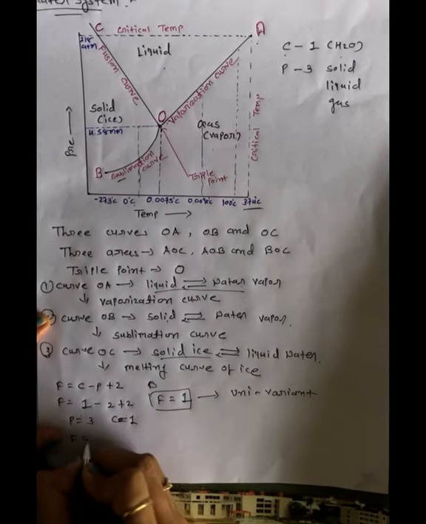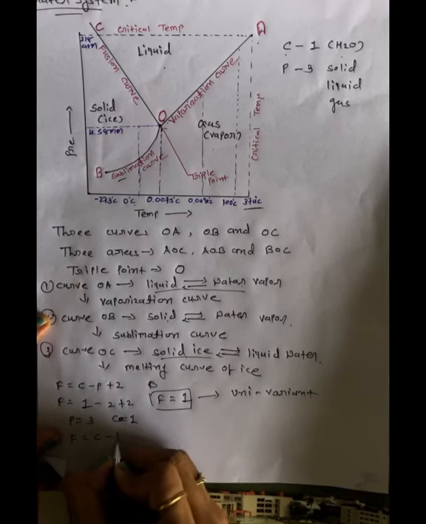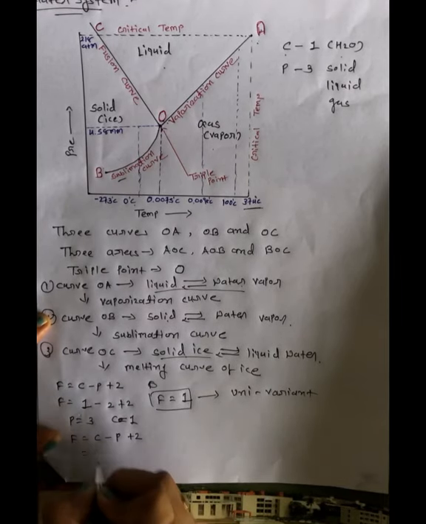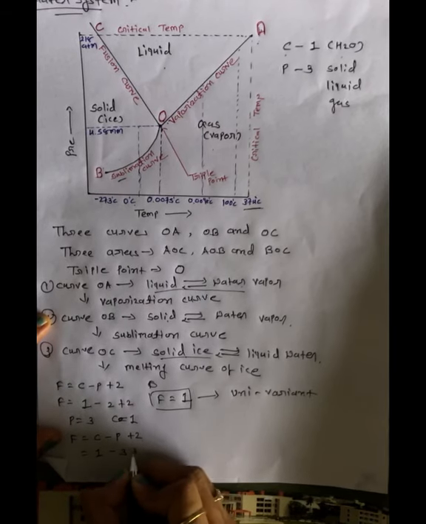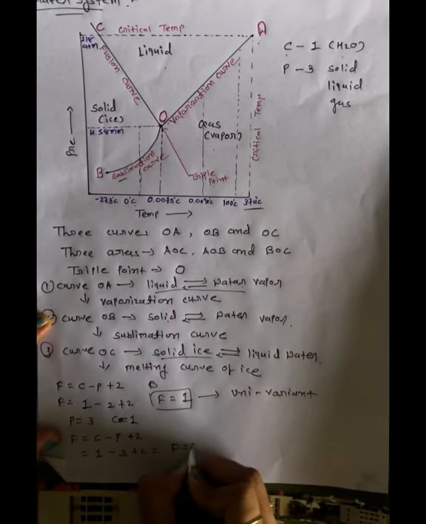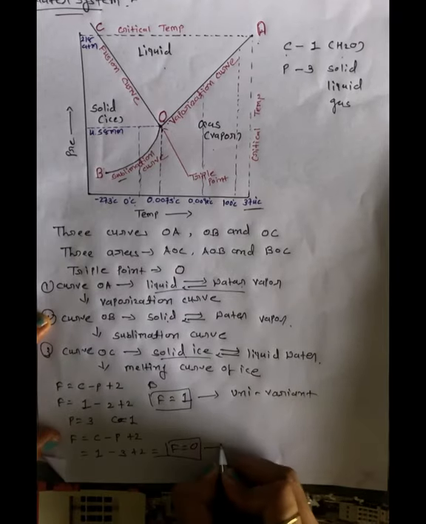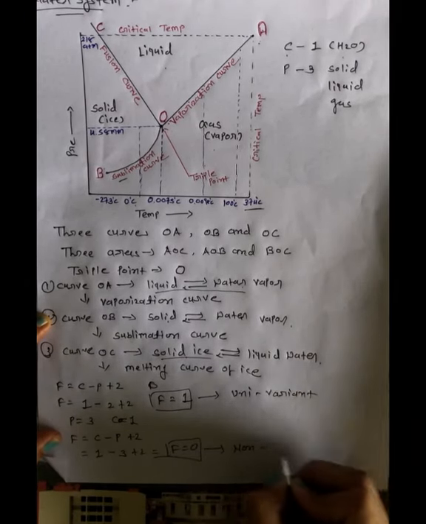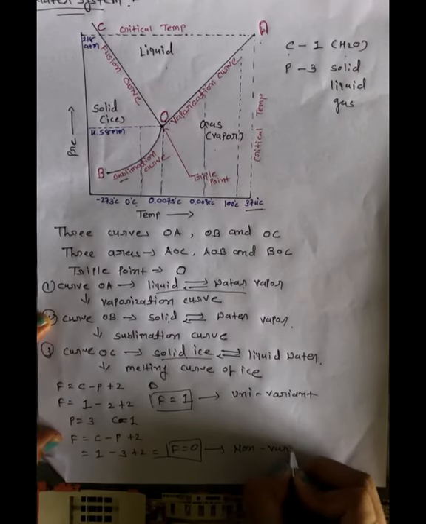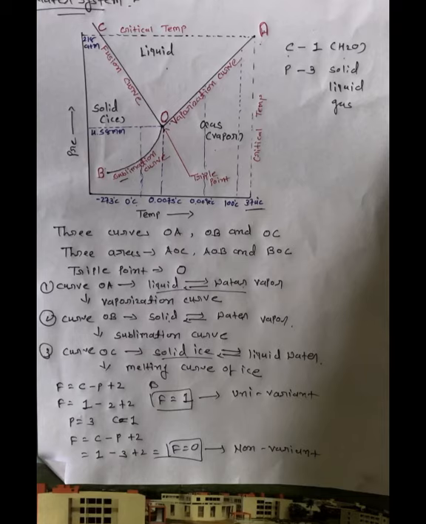So F is equal to C minus P plus 2 equal to 1 minus 3 plus 2. That means F is equal to 0. So for the triple point, this is a non-variant system. Degree of freedom is 0. So this is called non-variant.